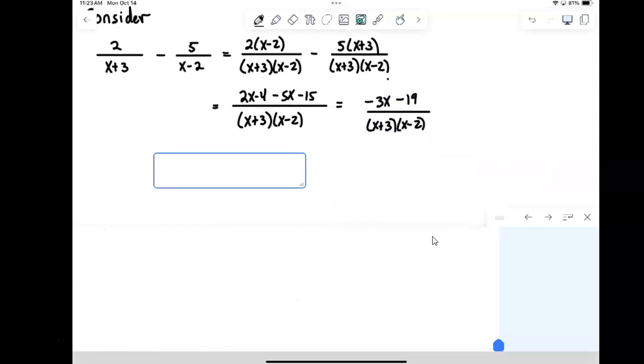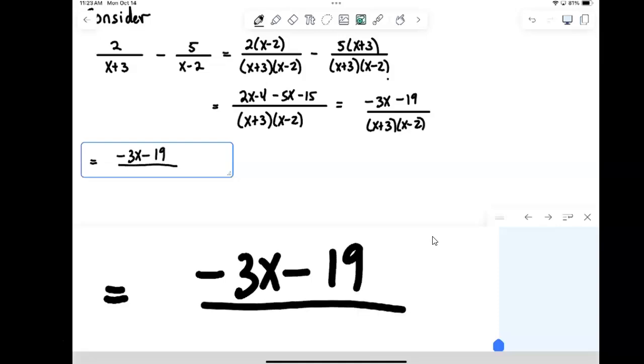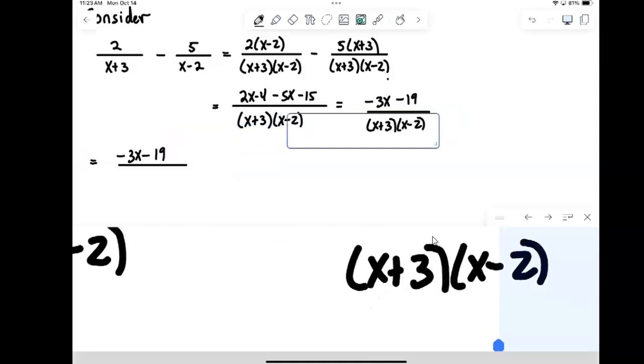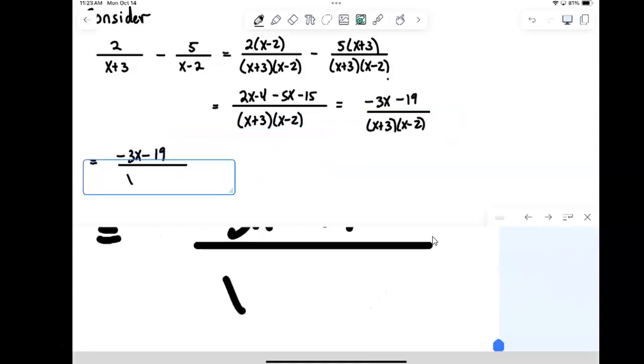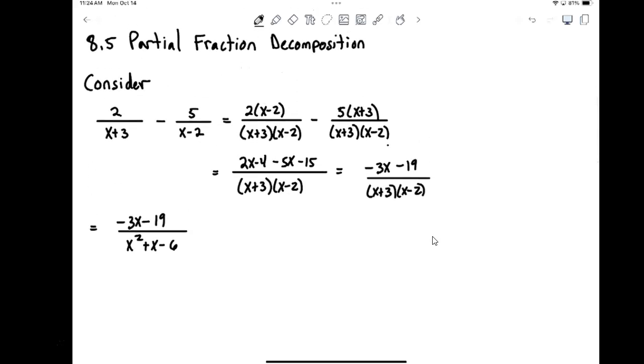And we can go one step further here and multiply out the bottom. And we would get this stuff over x squared plus x minus 6.